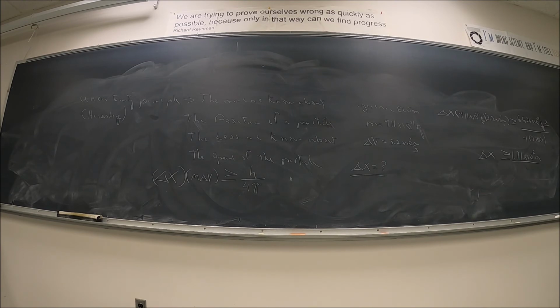Okay? Now, this brings us to deterministics versus probability. Classical physics works on deterministics, where the present determines the future.